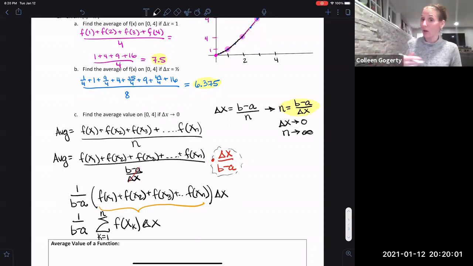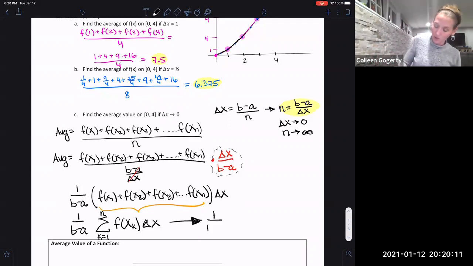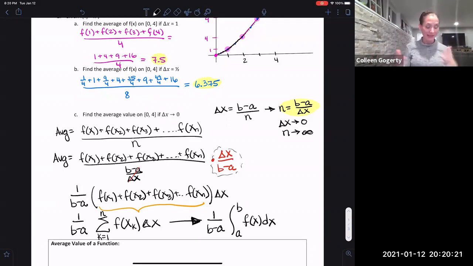Now, in section 3, we talked about definite integrals. What I want you to understand is that what we are looking at here is 1 over b minus a times the integral from a to b of f of x dx. This is overall what is happening.